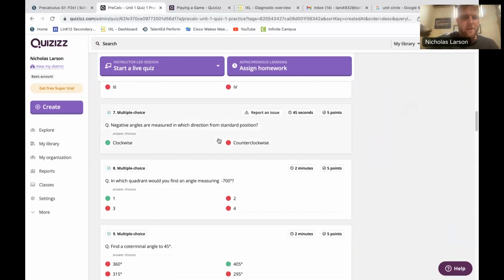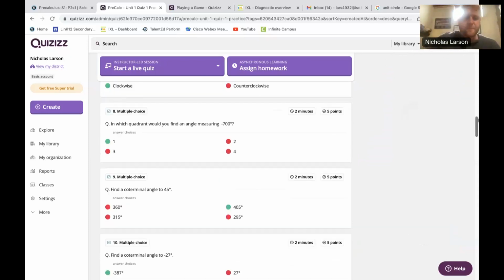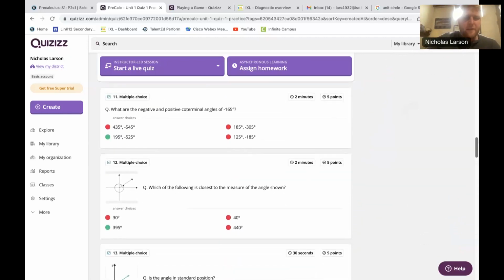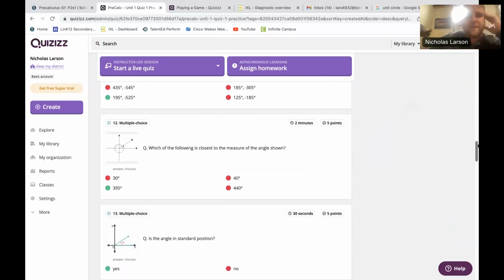Negative angles are measured clockwise. Again, what quadrant? Remember, it goes counterclockwise 1, 2, 3, 4. Coterminal angle, we already talked about that one. Some negative and positives. Again, if I wanted a positive, I'd add 360. If I wanted a negative, I'd subtract 360.